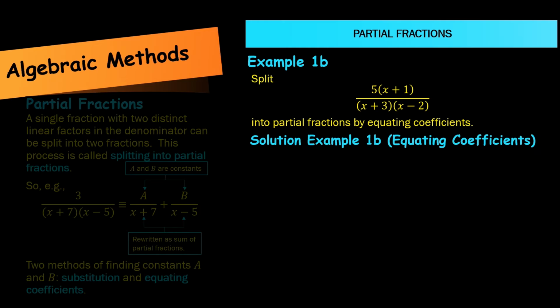And now for part B. We are required to split the expression shown on your screen into partial fractions by equating coefficients. So let's express this as a over x plus 3 plus b over x minus 2 as shown.